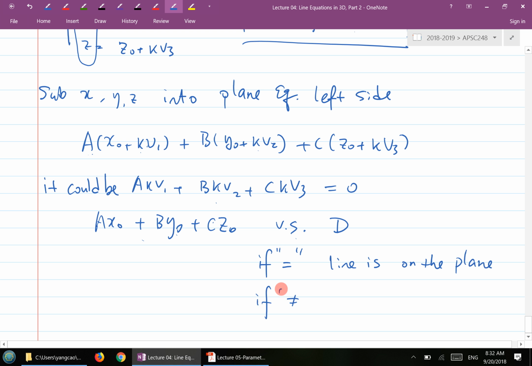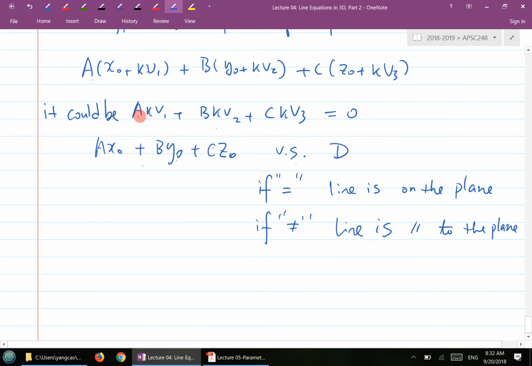If not equal, the line is parallel to the plane. So that's one branch: when this whole expression, which is an expression in terms of k, is 0, you get these two possibilities.